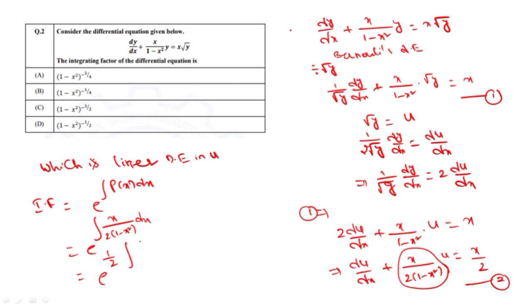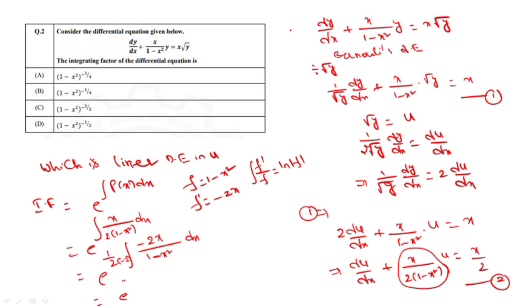For the numerator I rewrite by multiplying and dividing with minus 2. Because then, suppose I call f as 1 minus x square, then f dash is minus 2x. Now integral f dash by f is ln mod f. That's why I took the numerator and denominator as minus 2.